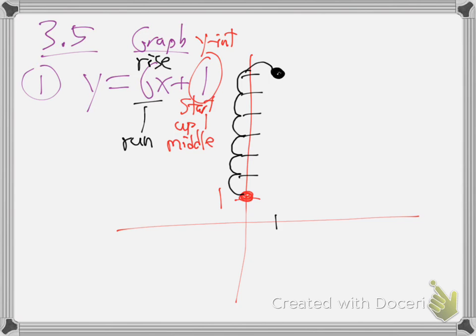And then we just connect the dots. And there we go. Up 6 over 1. Is that good? So you could get the same answer by making tables, if you plugged in X and Y and did that whole thing, but I think this is a little bit easier. So either way. That's already comfortable for you, I think.